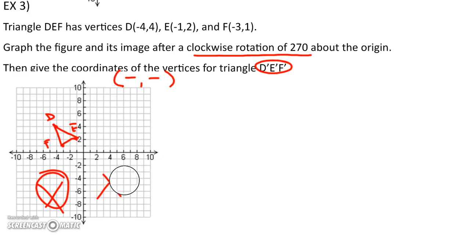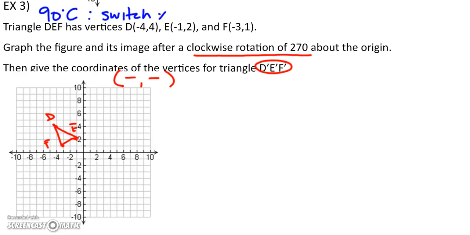All right, so once again, same rule, 3 times. The rule for 90 degrees clockwise: you're going to switch X and Y, and then Y goes to the opposite sign.